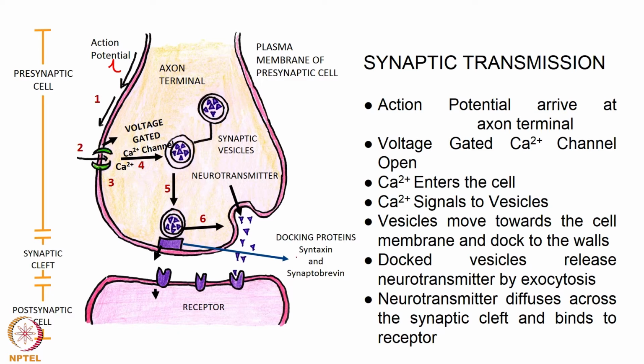By the action of docking proteins syntaxin and synaptobrevin, the vesicle fuses to the membrane and then opens up on the outside, releasing the neurotransmitter by a process called exocytosis. We saw this in the previous class.